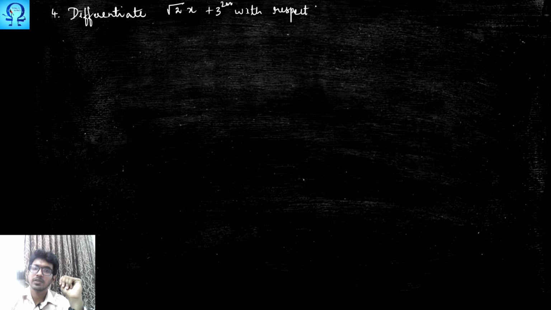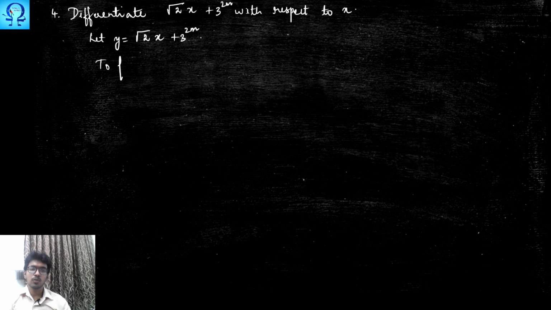Suppose it is given differentiate with respect to x. If this is the case, only x is considered to be the variable and all other notations in the problem are considered to be constants. Here we are taking y to be the dependent variable that depends upon x. So it is under root 2 times of x and 3 power 2m.